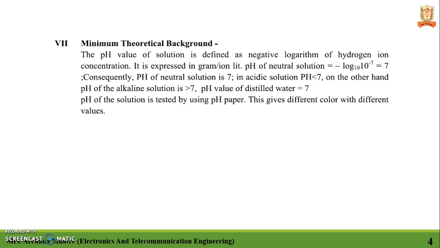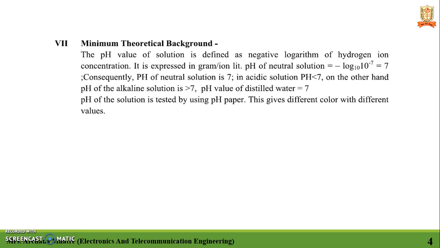Consequently, the pH of a neutral solution is 7. The pH of an acidic solution is less than 7, and on the other hand, the pH of an alkaline solution is greater than 7. The pH value of distilled water is equal to 7.